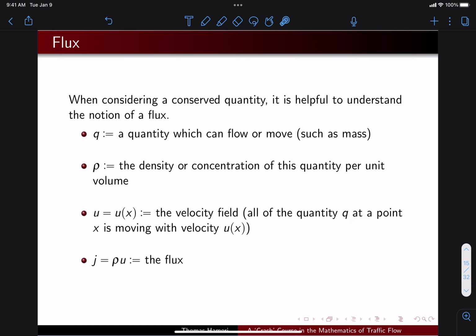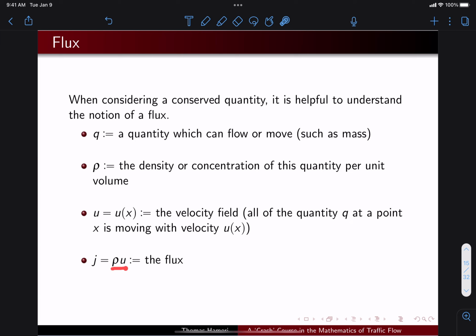So for us, it's going to be the rate at which cars are going, okay? And that's not going to depend just on how fast the cars are going, but also on what is the density of the cars. If we have a high density of cars moving very fast, then the flux will be huge, right? And if I have maybe just a couple of cars, but they're moving really fast, the flux would be comparatively smaller, right?